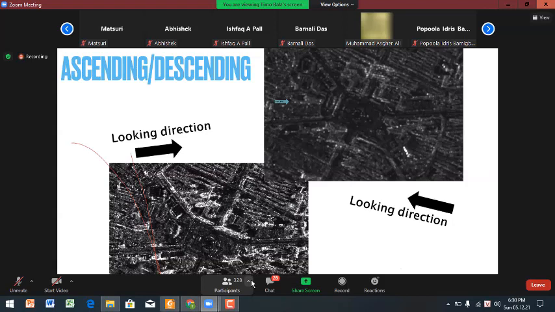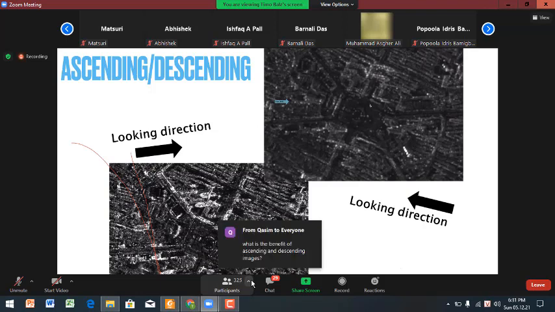And even more, if we compare images from different directions, from different angles, it's very difficult to compare them. It's difficult to compare this image here with this image here. They look very different because the layover effect goes in a different direction. The shadows are in a different direction. Your buildings and the whole situation on the ground is very different, so to interpret and analyze that is difficult.